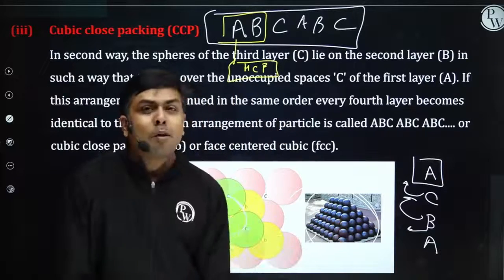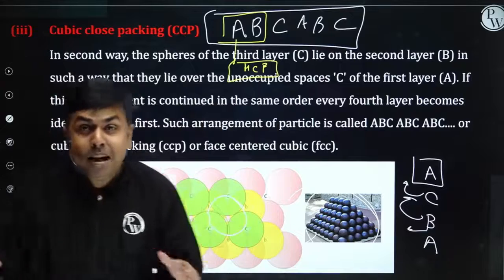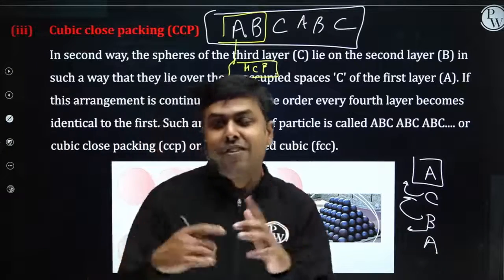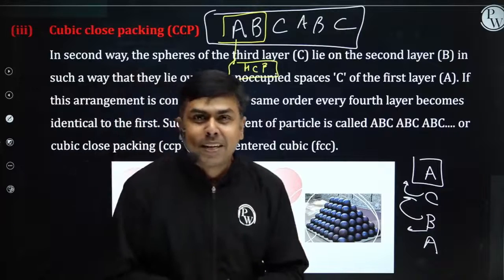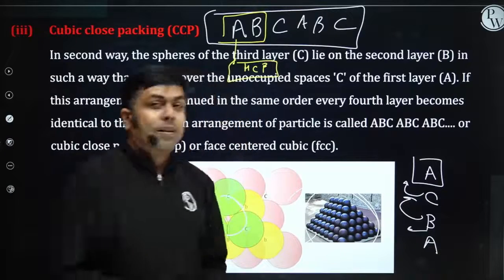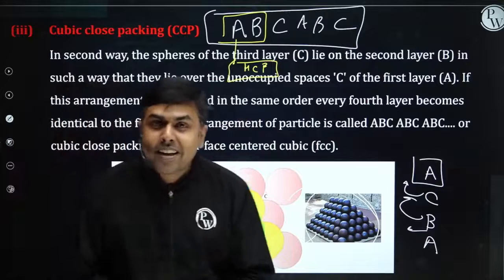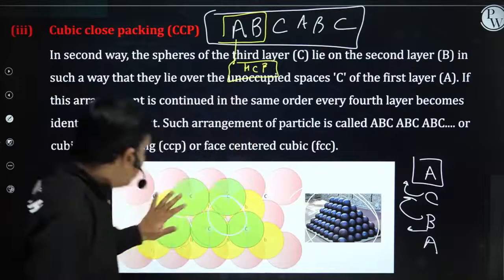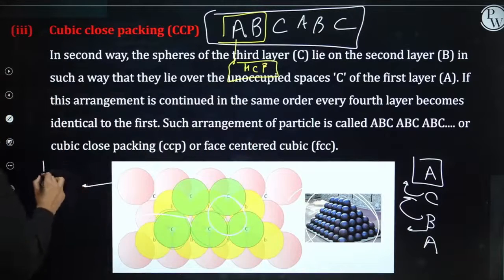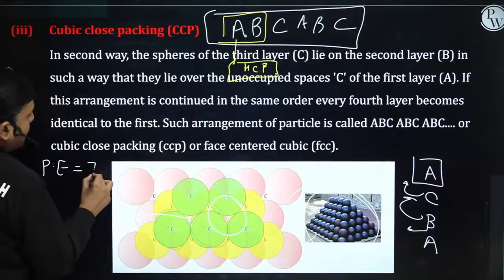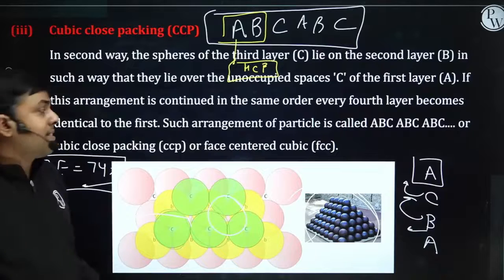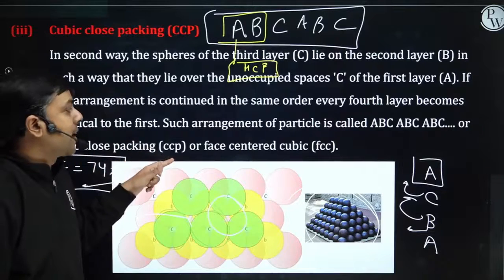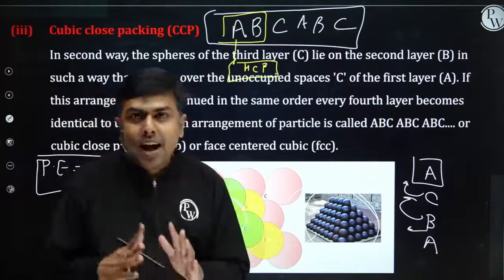Because in this type of packing in 3 dimensions, we have maximum efficiency, maximum packing fraction, right? We have studied in FCC, the packing fraction is 74%, and here the type of unit cell which we are getting is FCC. So in this type of packing, the packing efficiency is 74% maximum. So it is referred to as cubical closest packing or FCC packing. Am I clear?